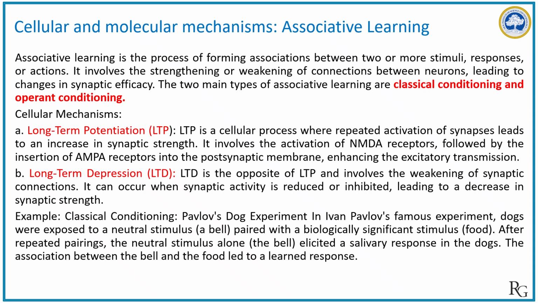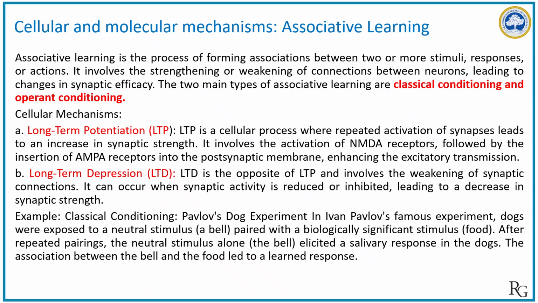On the other hand, long-term depression, that is LTD, is the opposite process of LTP, where synapses are weakened. LTD occurs when activity at a synapse is reduced or inhibited, leading to a decrease in synaptic strength.